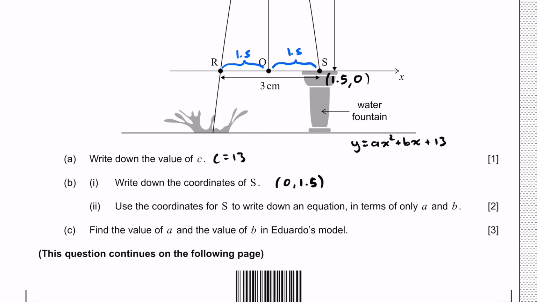Once again, general form of a quadratic. We found c to be 13. Now let's use the coordinates of S to write down an equation in terms of only A and B. I can erase this, and that's our real coordinate. So when x is equal to 1.5, y is equal to 0. Let's substitute those values here.